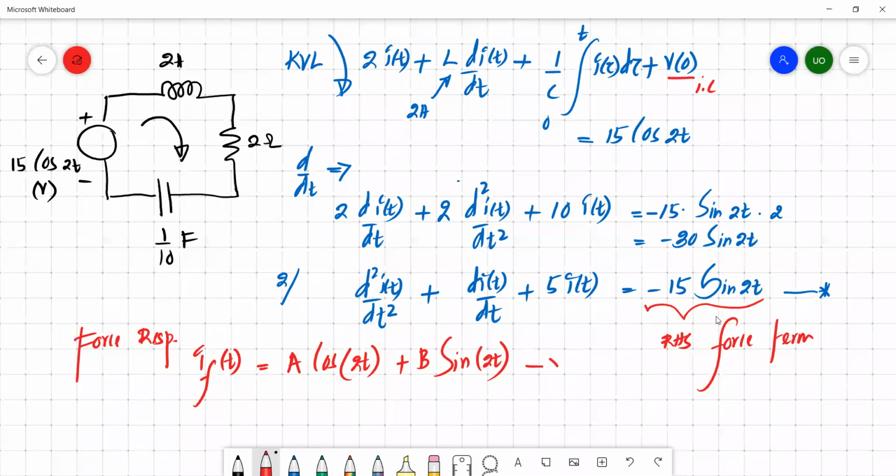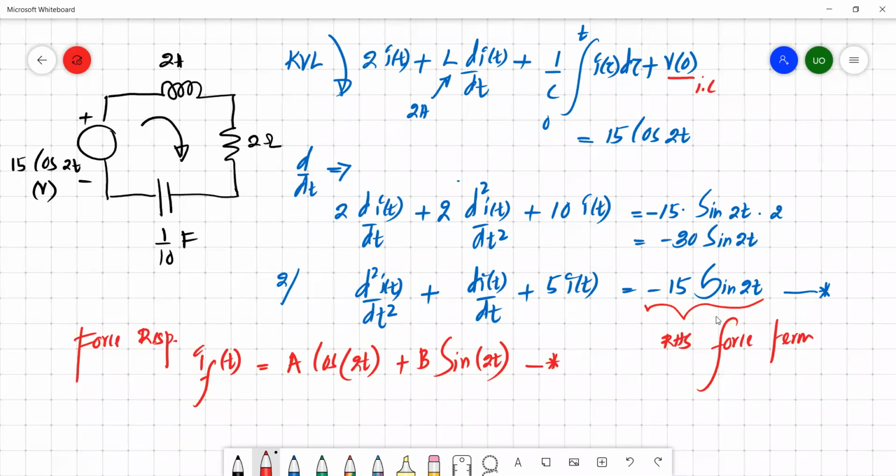So this is your trial force response. If you have a sinusoidal or trigonometric function on the right hand side of the differential equation, the trial solution for this force response would be a cos plus b sine.